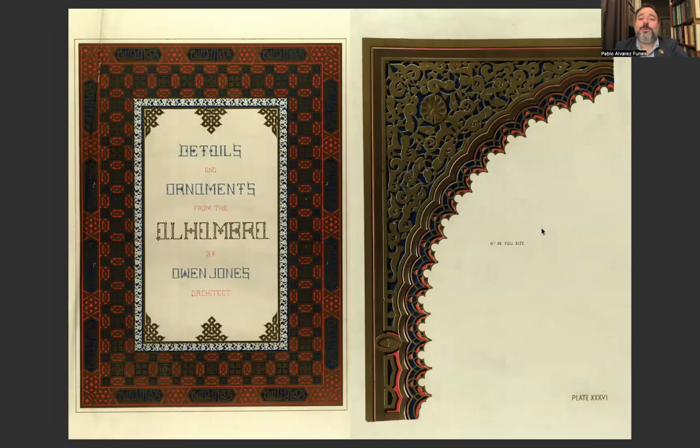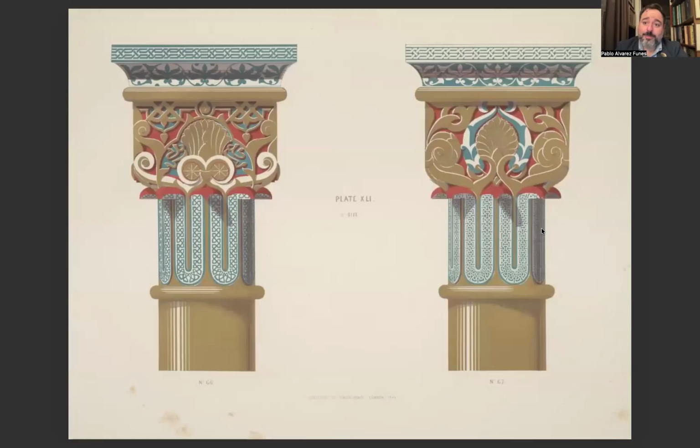We're going to talk a little bit more about the Alhambra. And Owen Jones goes to the Alhambra, he does the measurements, he publishes a lot about the Alhambra. They're wonderful drawings, they're wonderful prints, because again, he's using the technique of chromolithography. Chromolithography means that it's lithography in colors.